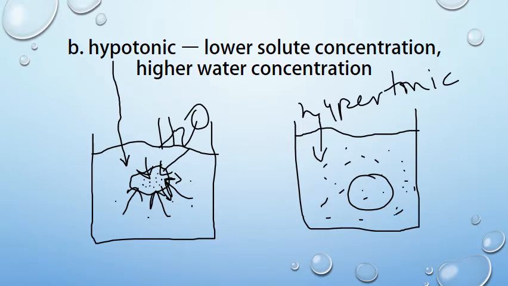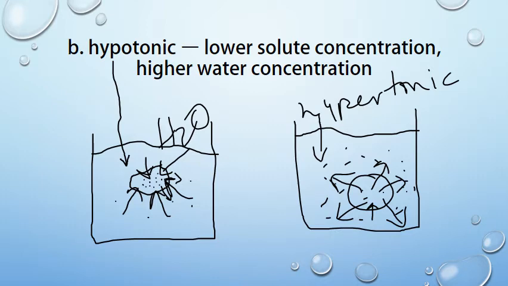In this situation, water would move out of the cell, so my cell would shrink. And again, I could do a couple arrows because the net movement, there is going to be movement in both directions, but there's going to be a lot more water exiting the cell. So water always moves from an area of hypotonic to an area of hypertonic.